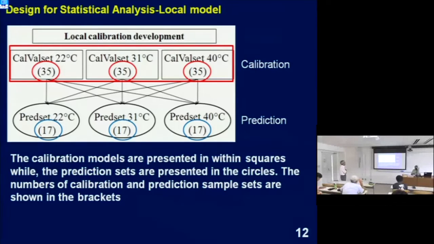Also, with the numbers 35 and 17, maybe say sample number 35, to understand what the 35 means. 35 data sets.